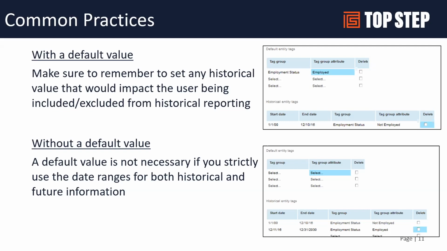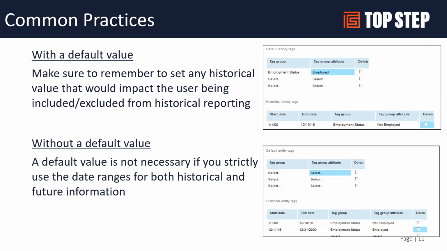Now, if we don't want to use a default value, we can simply extend this concept of dating these values to the historical value. So in our example in the screenshot, hopefully you can see that we have a start date of 1100, which is effectively meant to represent any date that predates our likely reporting time period.